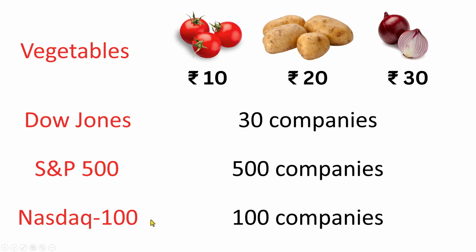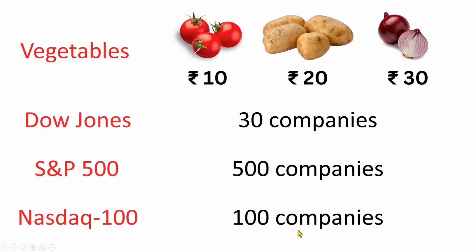These are indices from America. This index shows you how the price of 30 companies is moving. This index shows you how the price of 500 companies is moving. This index shows you how the price of 100 companies is moving. Alright? So we track indices instead of individual stocks.